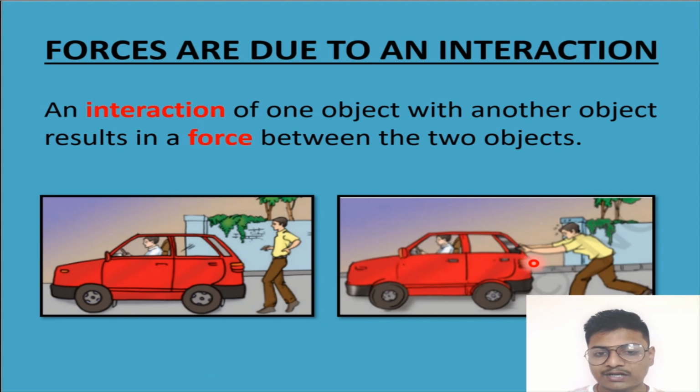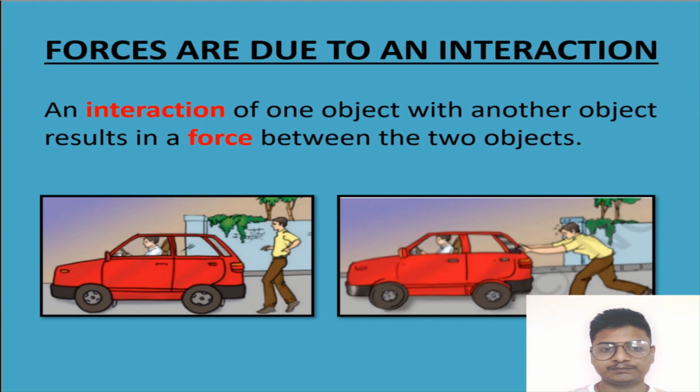So the interaction was there. When the hand was in contact with this car, then only he was able to move it. Yes, for that the interaction is very necessary. Everyone understood that?